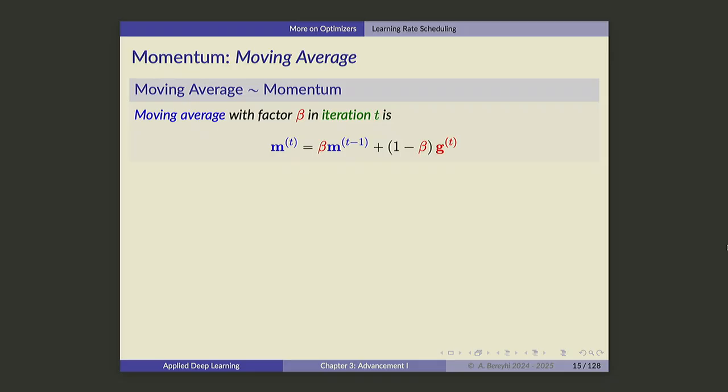So it's going to be 1 minus beta G1 times beta plus 1 minus beta G2, right? Correct? Now, look at this guy. If I add things up, it's going to be beta minus beta squared plus 1 minus beta. So beta is going to cancel out. It's going to be 1 minus beta squared, right?